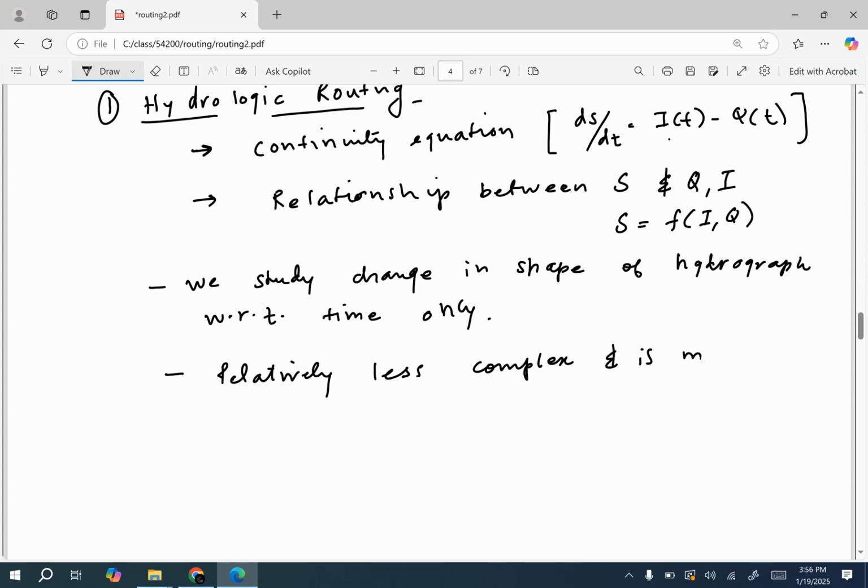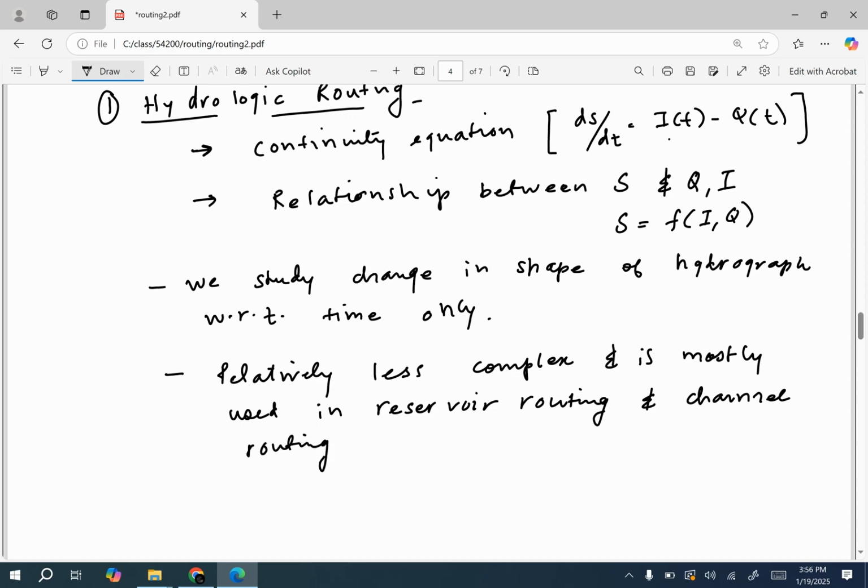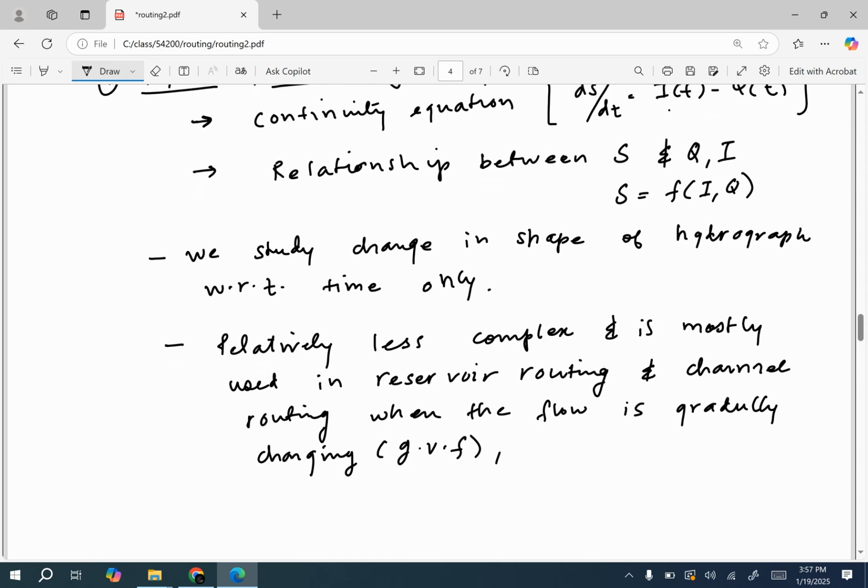It is mostly used in reservoir routing and channel routing when the flow is gradually changing, or you can say gradually varying flow, and there are no significant backwater effects.